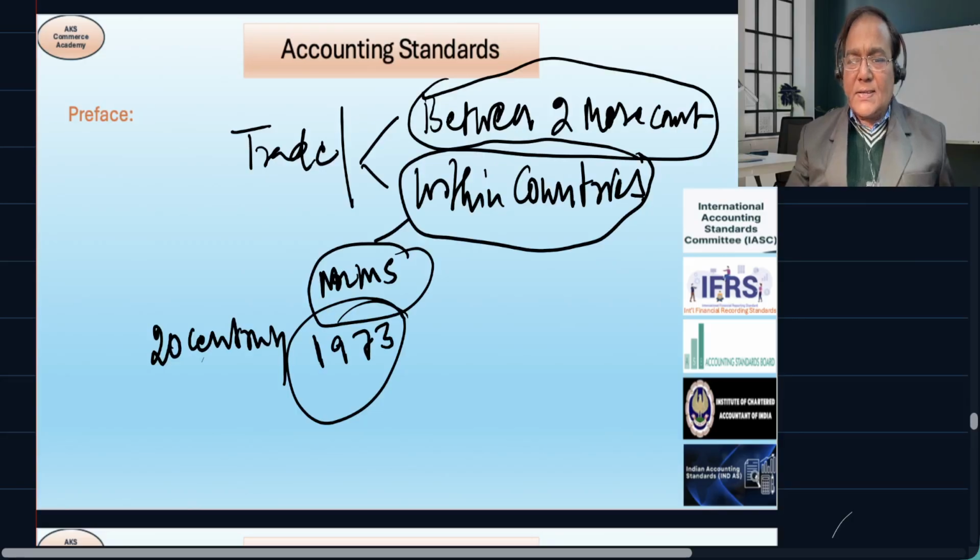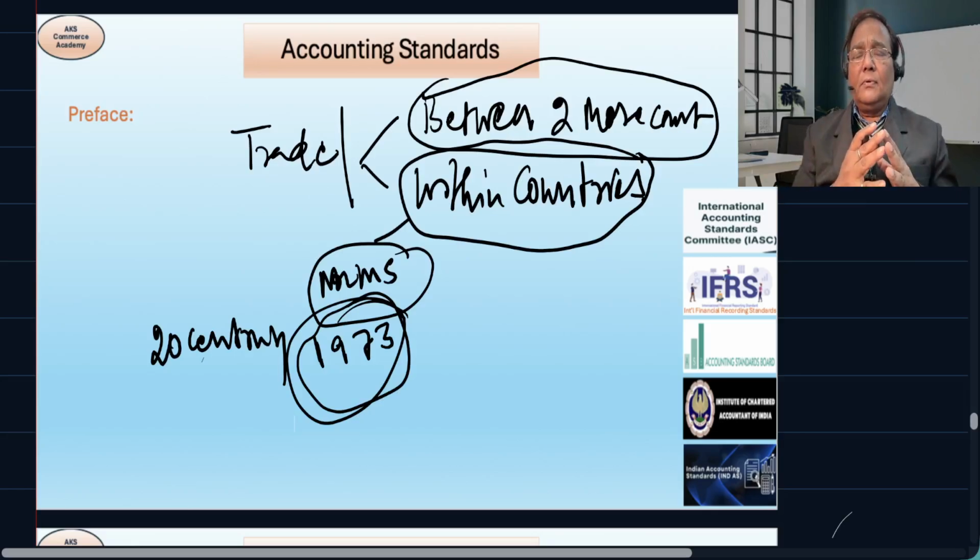So in 1973, the International Accounting Standards Committee was set up in order to frame a procedure or process for accounting.